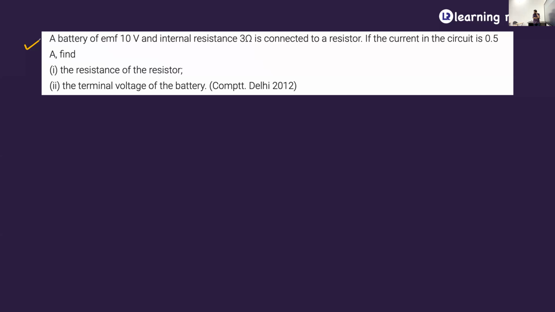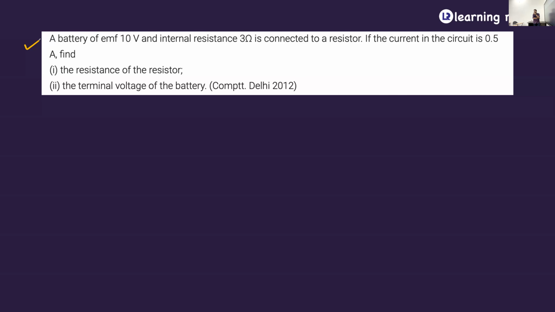Did anyone get the answer? R is... yeah, 8.5. Correct. The textbook problem there. I've solved this. R is 17.